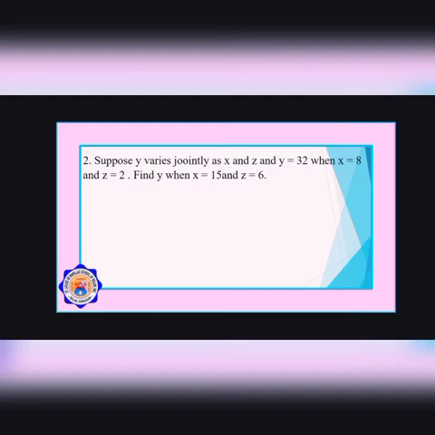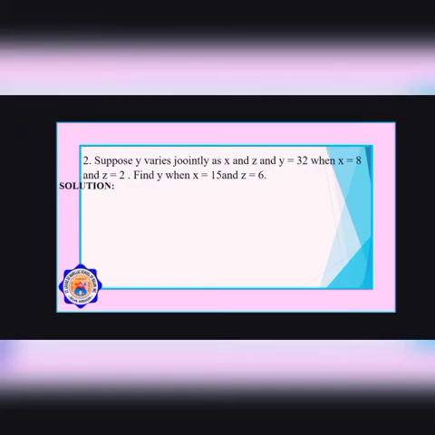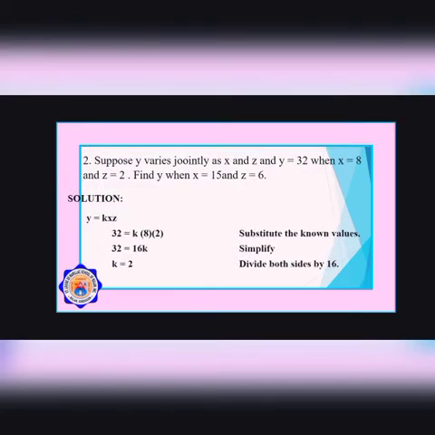So first, ang problem natin is suppose y varies jointly as x and z and y is equal to 32, ang hahanapin natin dito ay ang k.